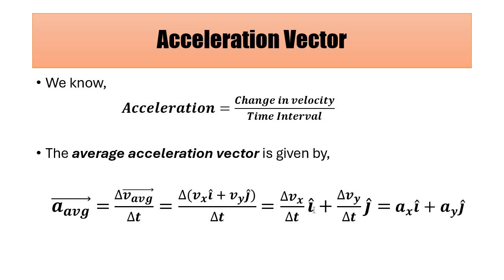Here delta vx by delta t i cap specifies the change in velocity along the x-axis, or the acceleration component along the x-axis. So that is ax i cap.